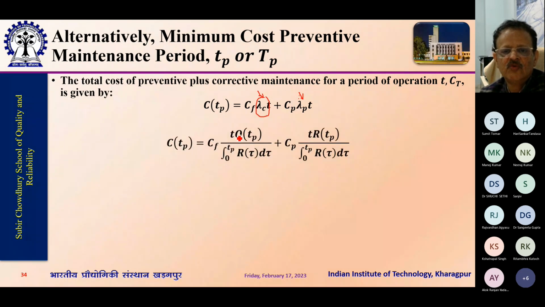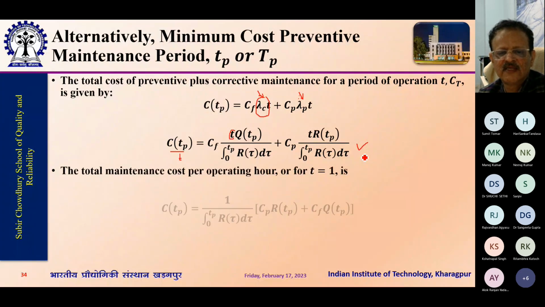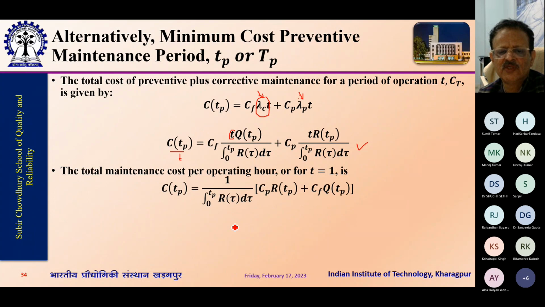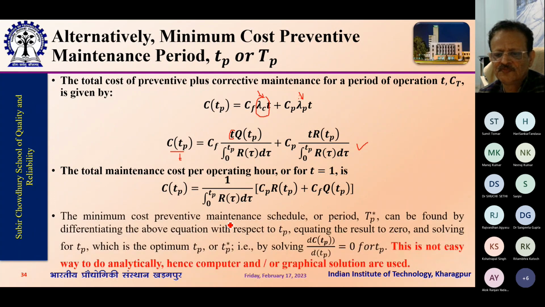or if you are taking the operating time per unit time, of course, you can divide it by t. So you'll get the same equation as you have done earlier. So you can derive the earlier equation using this stabilized corrective failure rate and the preventive replacement rate. Same model. It is per unit time, you are going to get the same equation.